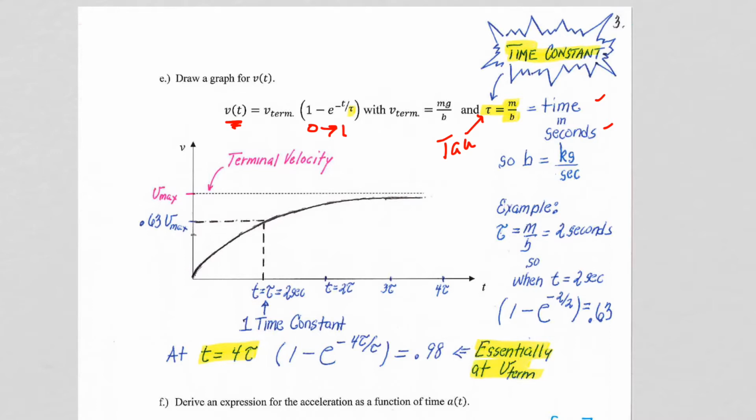It can't have units because our units are all here in v terminal. So we know that mg divided by b has units of velocity, but that m divided by b underneath the little t, which we're now setting equal to tau, has to have units of time.